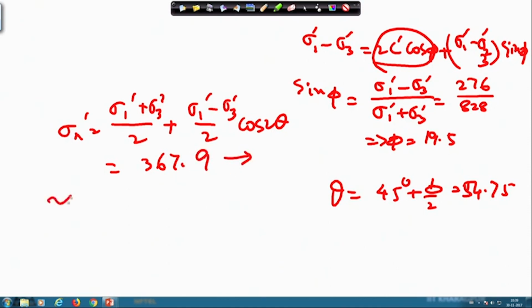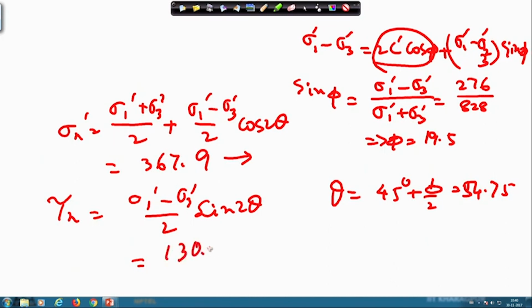Similarly, our expression for tau n is sigma 1 dash minus sigma 3 dash by 2 sin 2 theta, and if I put the values now, you will get 130.08.